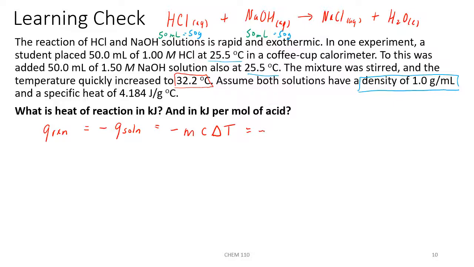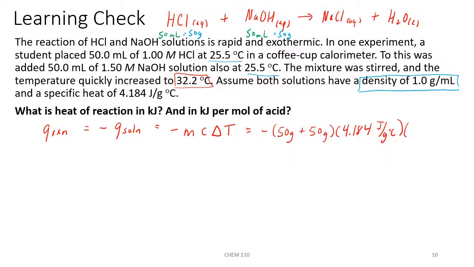The mass is going to be 50 grams of HCl plus 50 grams of sodium hydroxide, so we're going to have a total of 100 grams. The specific heat is that of water, 4.184 joules per gram degrees Celsius. Because these solutions are aqueous, meaning they're in water, and the amount of solute present is small, we can assume that the density and the specific heat is the same as water to make some simplifying assumptions.